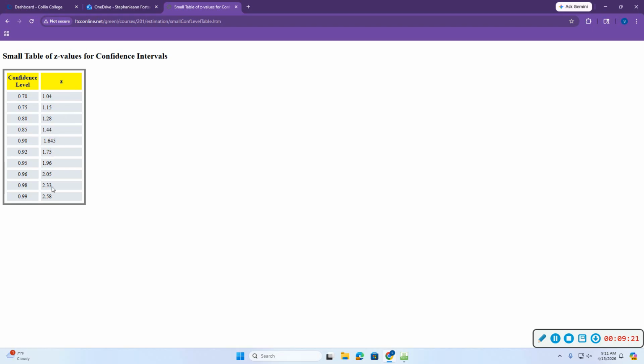It would not be bad to take a screenshot of, but that gives us some very common z-scores. So if I'm looking at 95, that's 1.96. I knew statistics students at one point that had these memorized. 98 is 2.33 and 2.58.